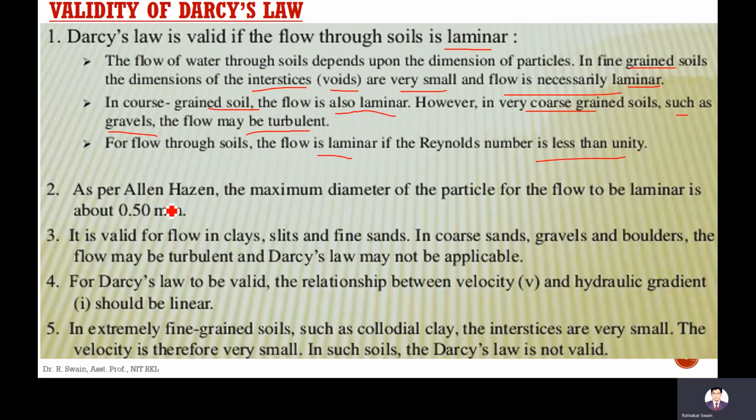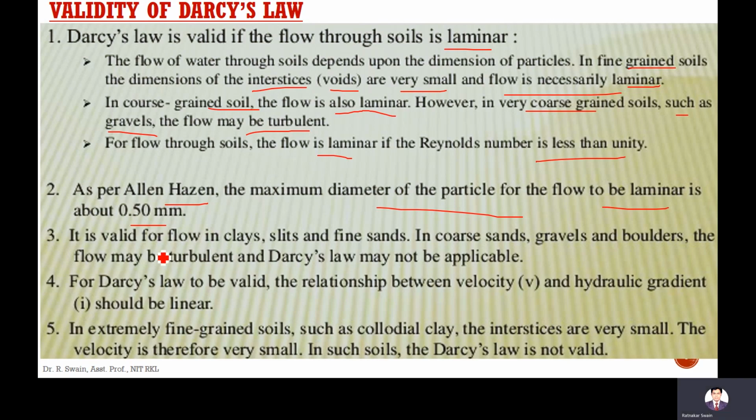Allen Hazen did many experiments and developed empirical equations, like intrinsic permeability as C D10 squared. The maximum diameter of the particle for the flow to be laminar is about 0.5 mm. He conducted many experiments and found that up to about 0.5 mm particle size the flow is laminar.